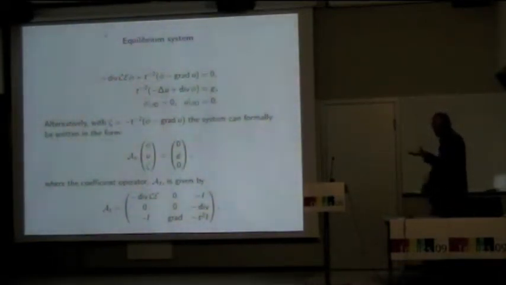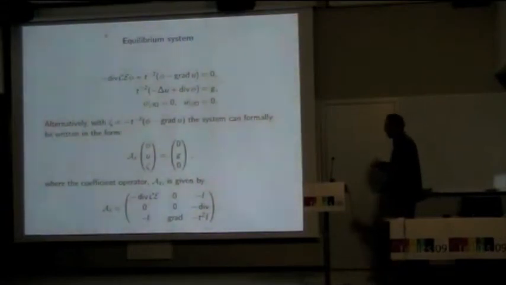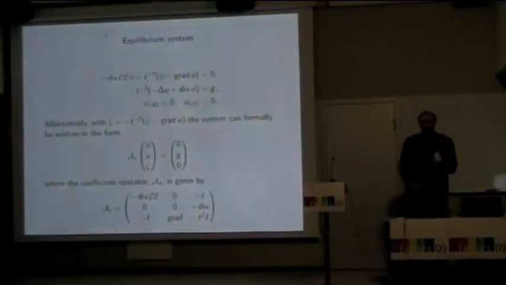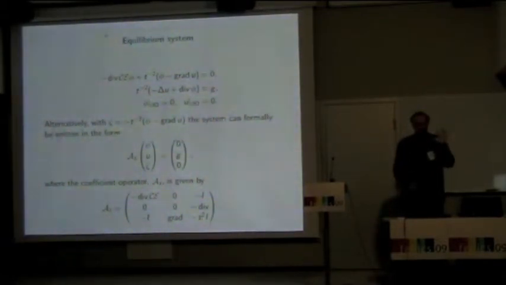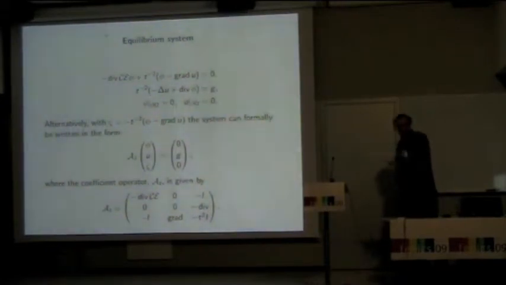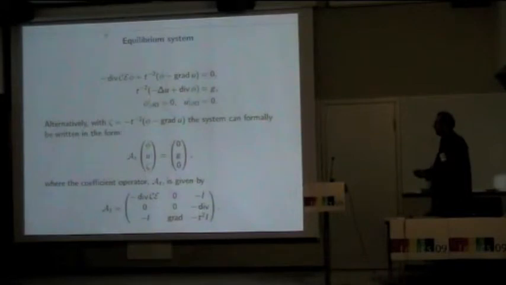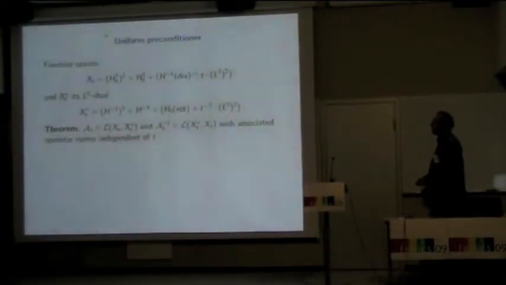So if we want to find a uniform preconditioner, what we have to identify is function spaces that will depend on t, but such that the norm of the operator going from its function space to the natural dual is independent of t. That's exactly what you can do.